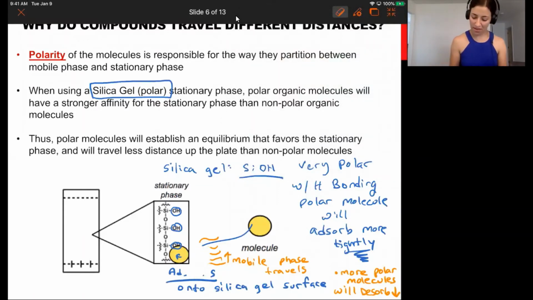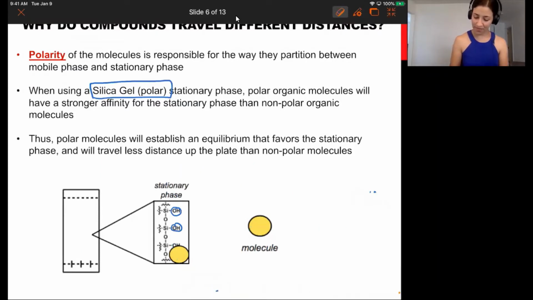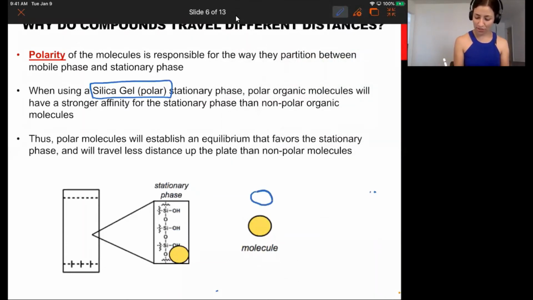So let me erase my notes here. And let's think about a scenario where we have two molecules, a yellow and a blue, that both adsorb onto the surface. So we have our initial adsorption.